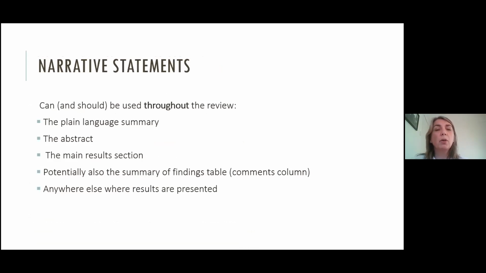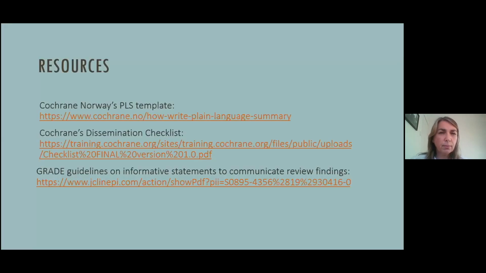But think about how you can use these narrative statements, not just in the plain language summary, but in your abstract, your main results, potentially also in your summary of findings table, and basically anywhere else where you're presenting your results. I've listed some resources there, and I think the slides are in the shared document.